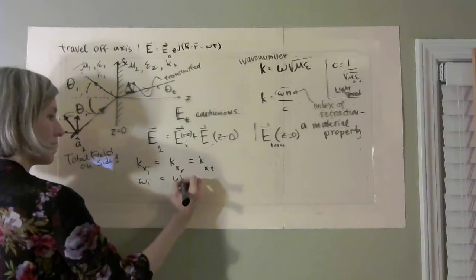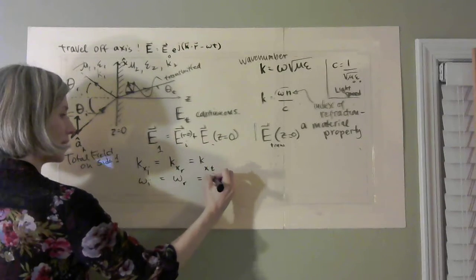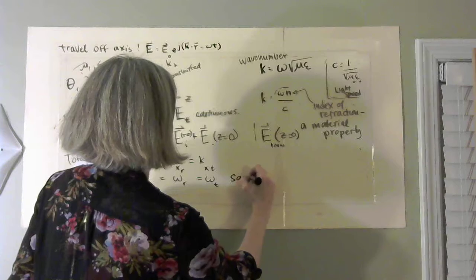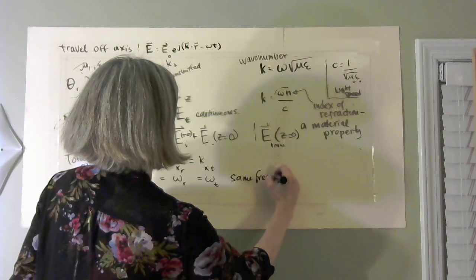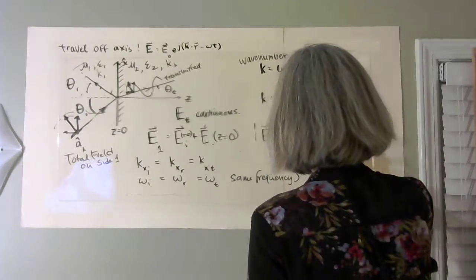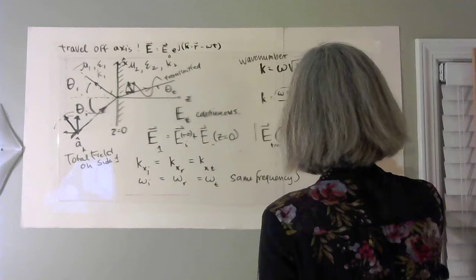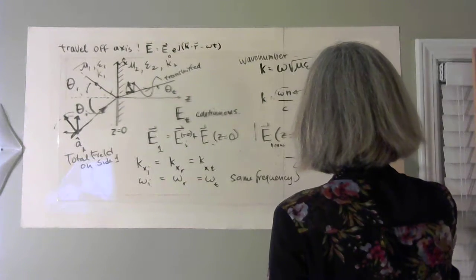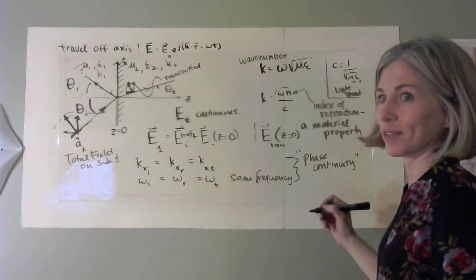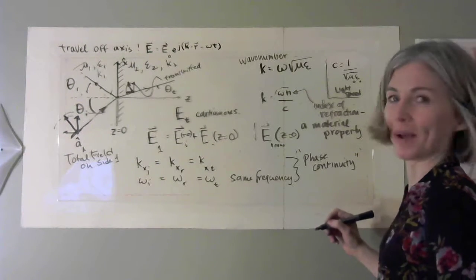Omega incident is omega reflected is omega transmitted. Same frequency. So this is all for phase continuity, and we had to have that to make the tangential components continuous across the boundary.